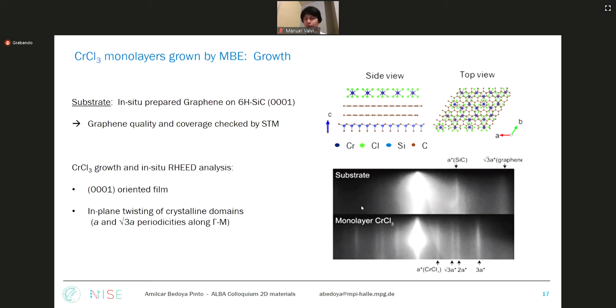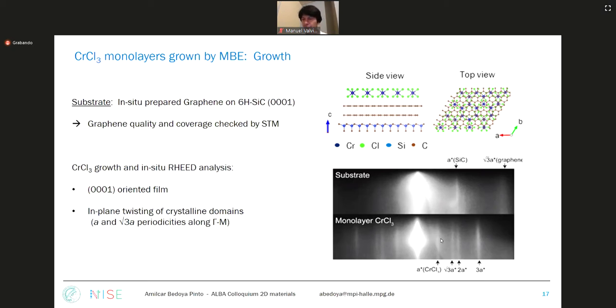We do it via in situ diffraction techniques such as RHEED. With this diffraction technique, you can easily see that the pattern of the substrate changes depending on the crystalline symmetry of your grown monolayer, and we stop the growth when the pattern of the substrate varies.